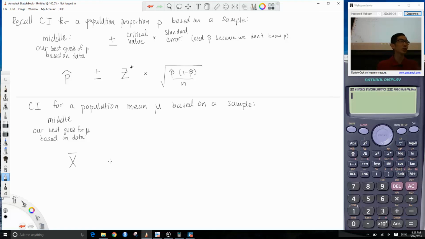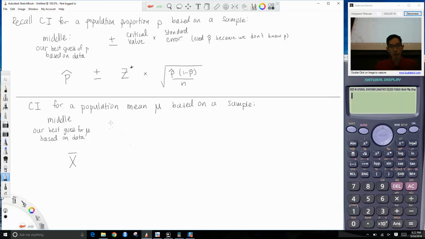We're trying to make a range of plausible values for what the population mean is, and right now the only information we have is what's in our sample. So the best guess we have for the population mean based on our sample is the sample mean.